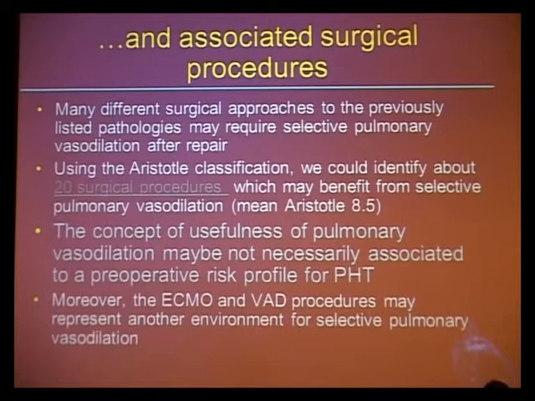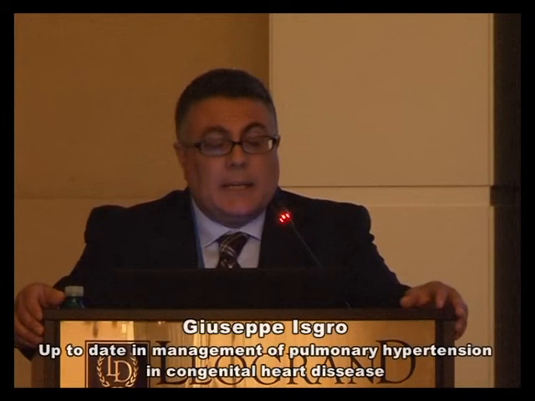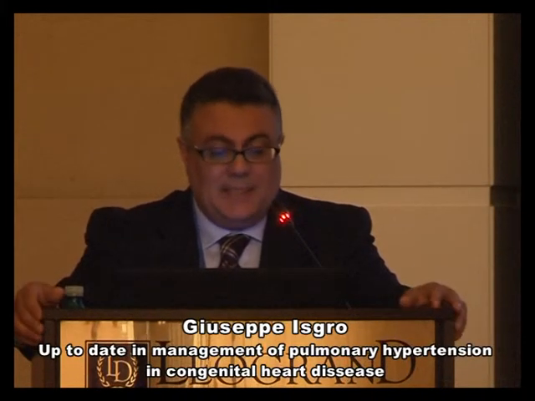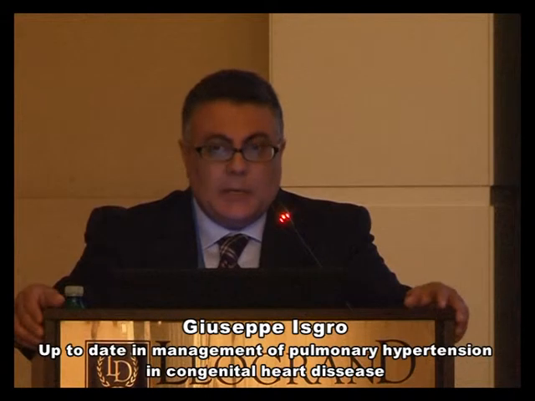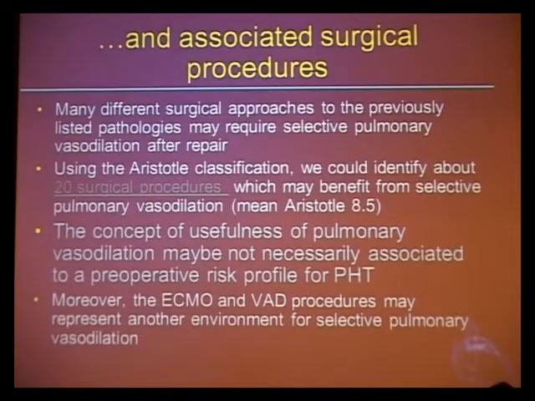That is a score in which, preoperatively and according to the surgical procedure, you can address the risk of morbidity and mortality in these patients. And we know that many of these patients can have a benefit from selective treatment of pulmonary vasodilation. And those are patients who reach 8.5 of Aristotle score.